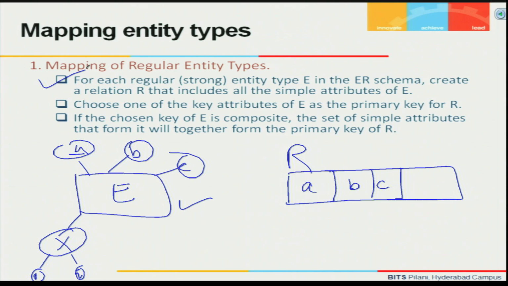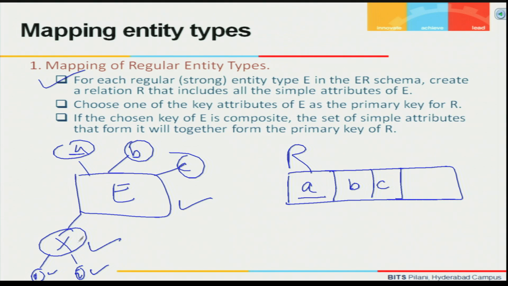Then choose one of the key attributes of E as the primary key, and in this case A is going to be the primary key, so I underline that. If the chosen key of E is composite, the set of simple attributes that form it together will become the primary key. Of course, in this case it is not there. At the same time, if the regular entity type has a composite or complex attribute which contains subcomponents, then how to capture that?